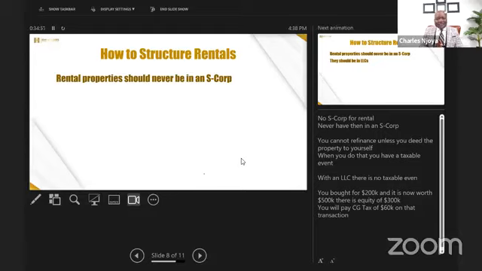You cannot refinance with it. The reason is that normally when you have your rental property in your LLCs, if you want to refinance that property or take money out to do something else, you can refinance that property by yourself.